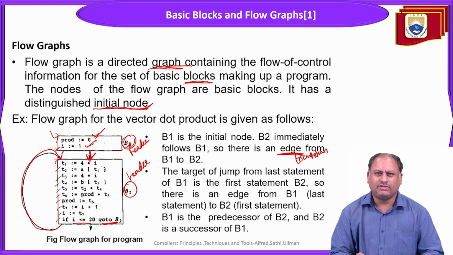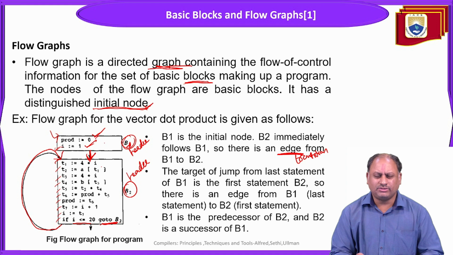The target of the jump from the last statement of B1 is the first statement of B2, so there is an edge from B1 to B2. So B1's last statement, B2's first statement, is the edge to be drawn.